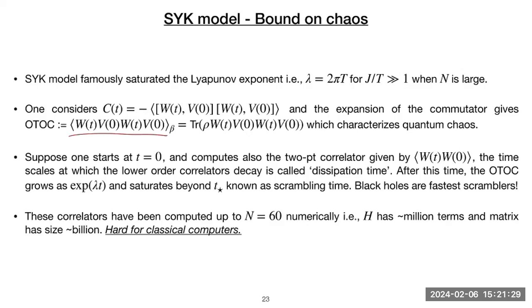For example, after certain 2-point correlators have decayed, the growth of this OTOC is exponential, e to the lambda t. And this lambda is known as the Lyapunov exponent.